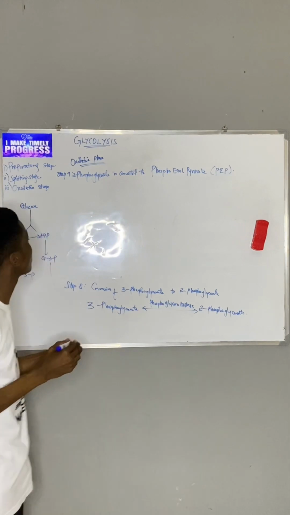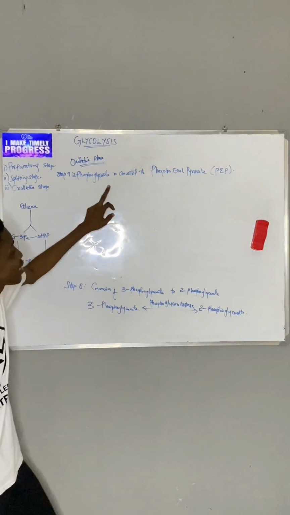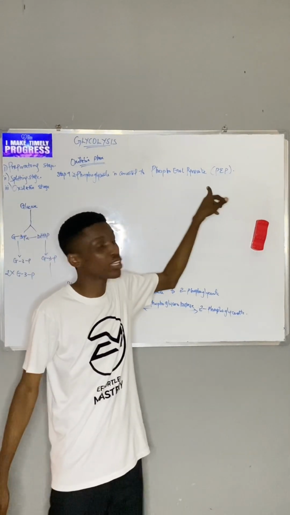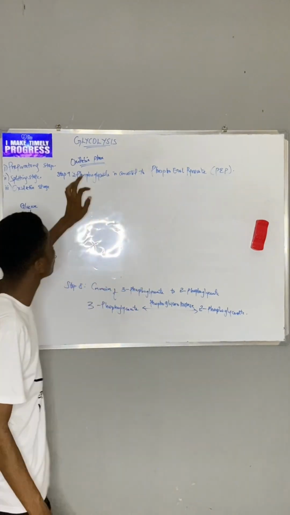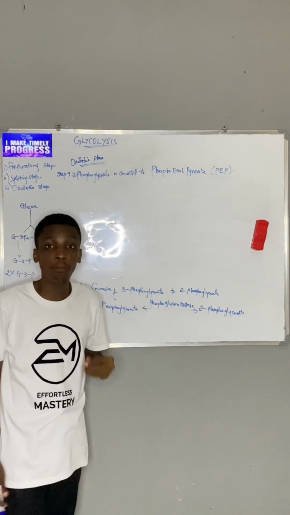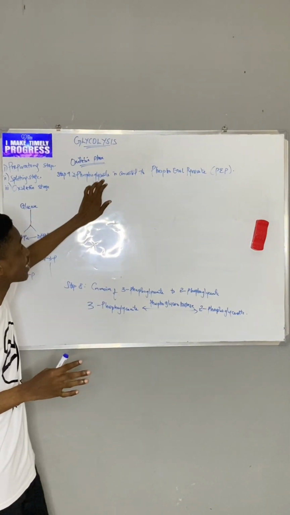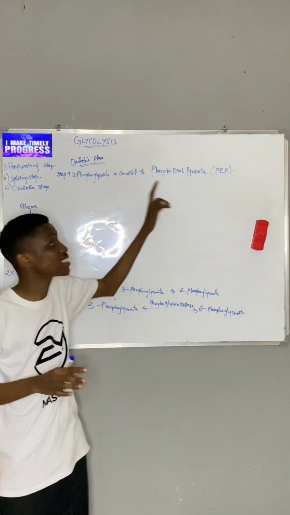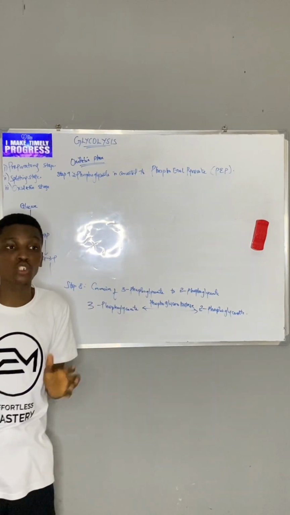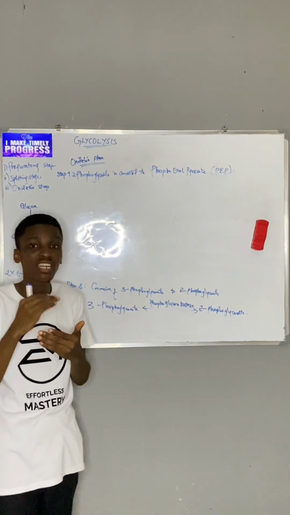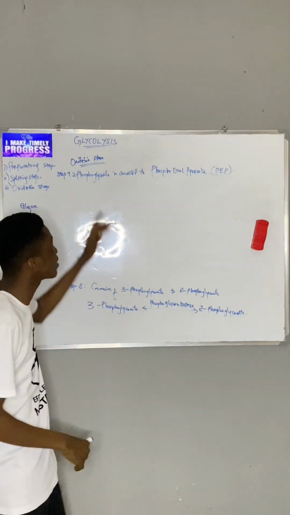So you realize there's a change from 2-phosphoglycerate to phosphoenol pyruvate. Right here, there's nothing much happening. We are moving from a particular acid to another one, but the alteration in structure is that the energy level of the phosphate is raised. So we take it this way.